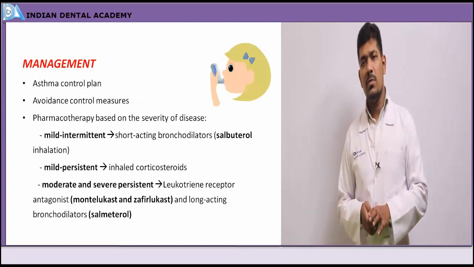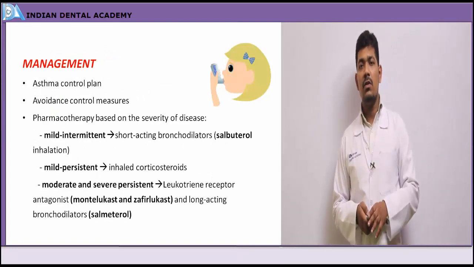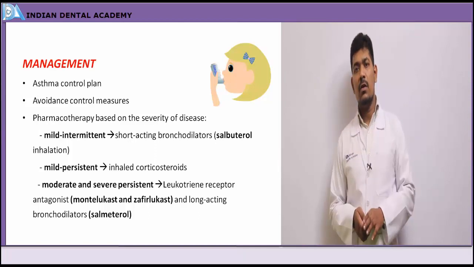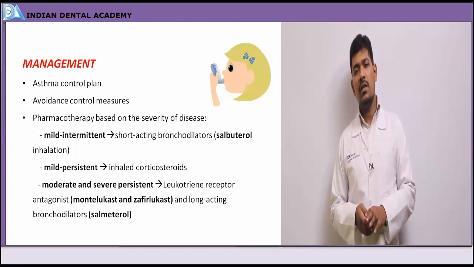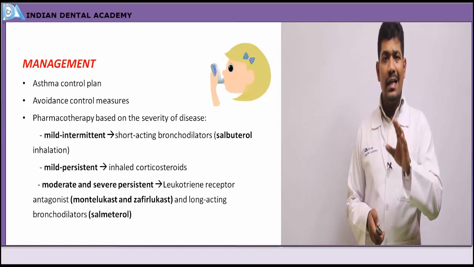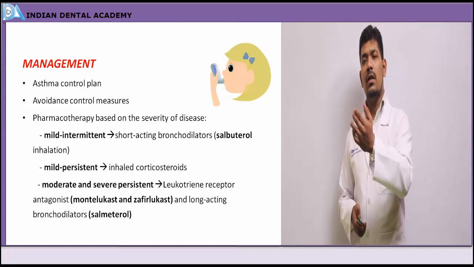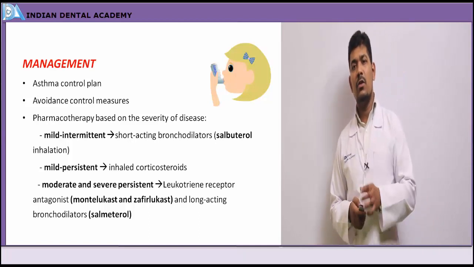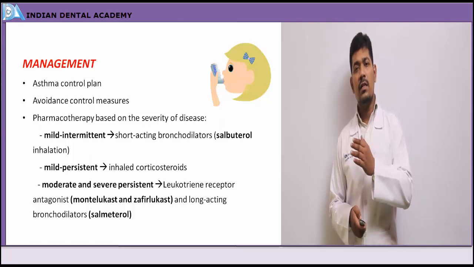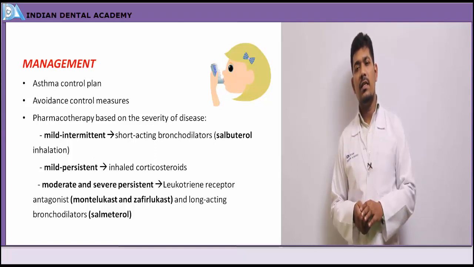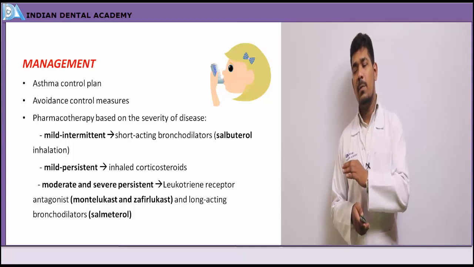To manage asthma, it is basically a symptomatic control. Whatever control plan is devised for an asthmatic patient is to decrease the frequency of asthmatic attacks, or to decrease the severity of these attacks if they take place.